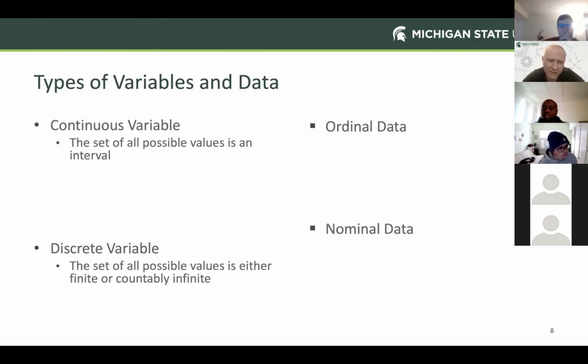Now, the cut here and the distinction between continuous and discrete variables is not always cut and dry, and that relates a little bit to my prior point. So if we look at collecting speed data as an example, some of the older data collection guides that you may see would use tally sheets where you would record the speeds of vehicles, let's say in 5 mile per hour ranges. So you record whether a vehicle is going 45 to 50 miles per hour, or 50 to 55 miles per hour.